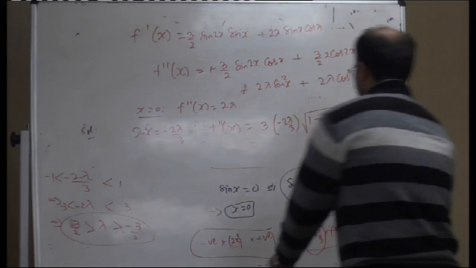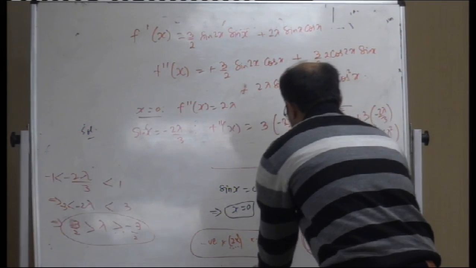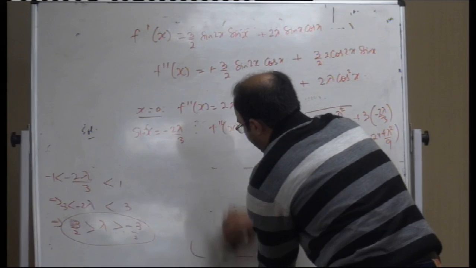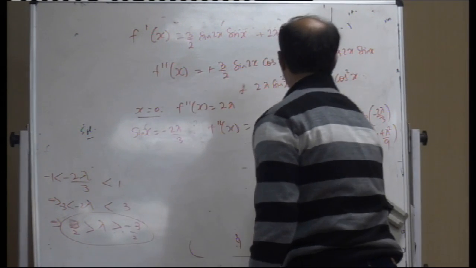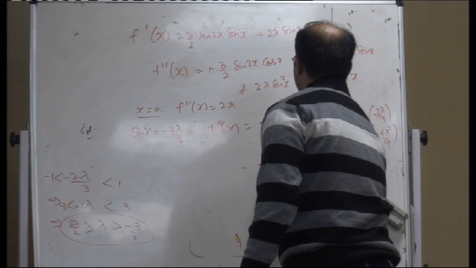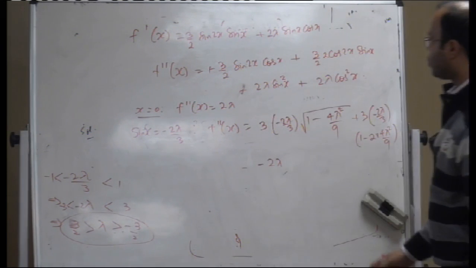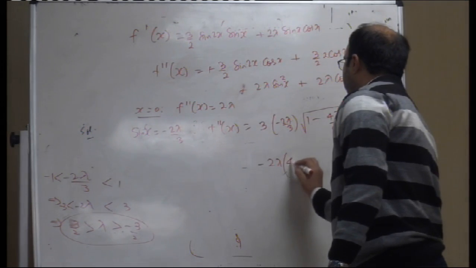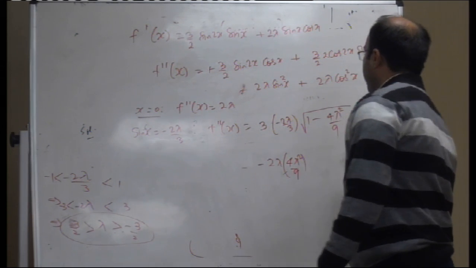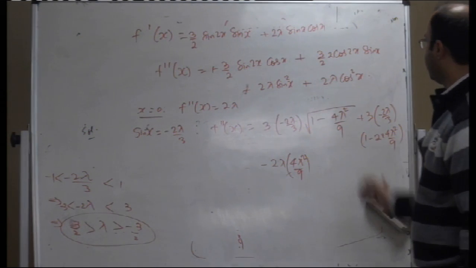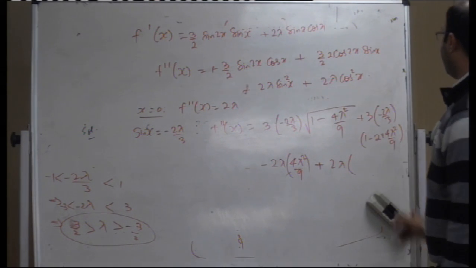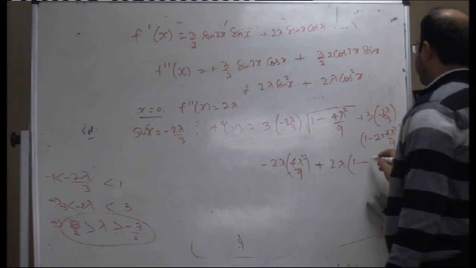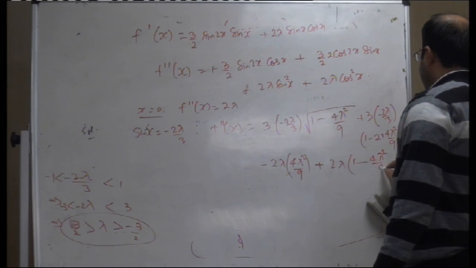And फिर next कर लो, minus 2 lambda and this sin square x would become 4 lambda square upon 9 and plus 2 lambda into cos square x would become 1 minus sin square x, which is actually 4 lambda square by 9.